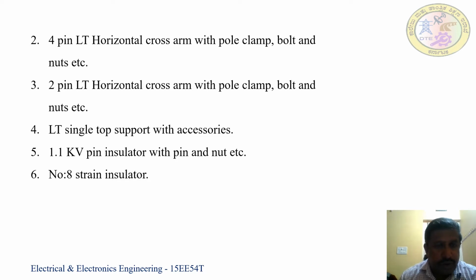Next item 2-pin LT horizontal cross arm with pole clamp, bolt and nuts etc. Then the material is LT single top support with accessories and the pin insulator, 1.1 kV class pin insulator with pin and nuts etc. Then number 8 strain insulator.